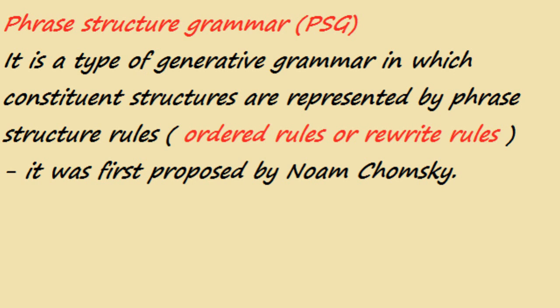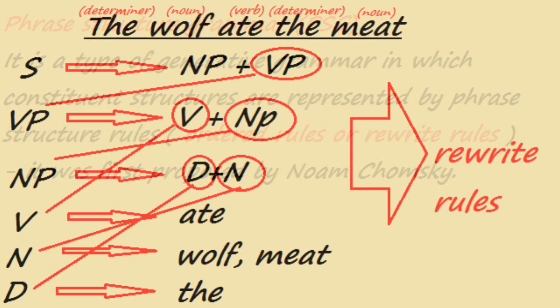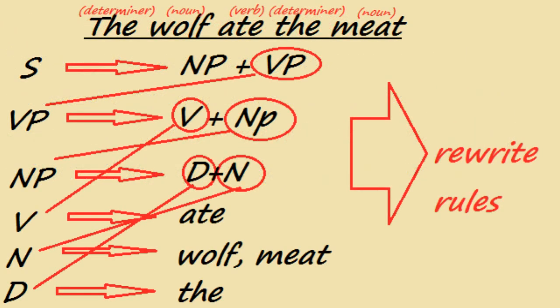Then, in order to get you familiar with this kind of rules, I'm going to illustrate it with an example and a diagram. The example is simple: the wolf ate the meat. We have the subject, the verb, and the object.